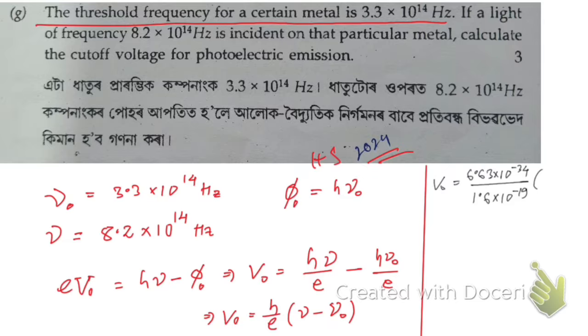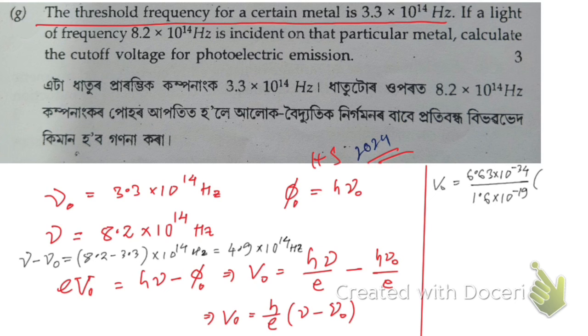First let me obtain the nu minus nu naught here. Nu minus nu naught is 8.2 minus 3.3 into 10 to the power 14 hertz, that's going to be equal to 4.9 into 10 to the power 14 hertz, right?